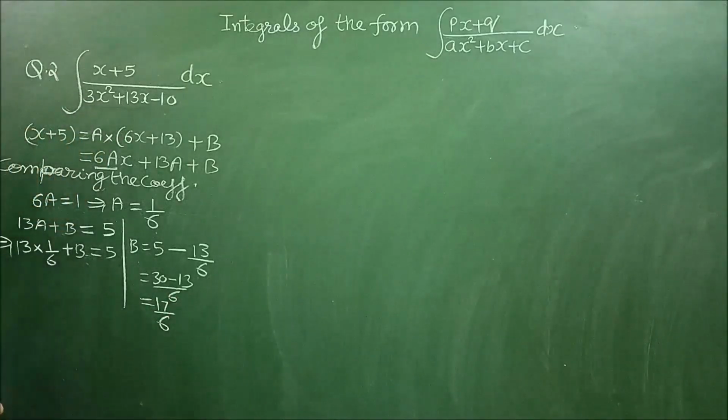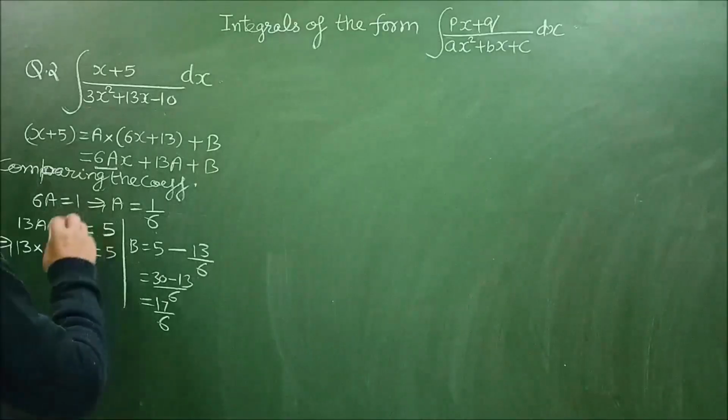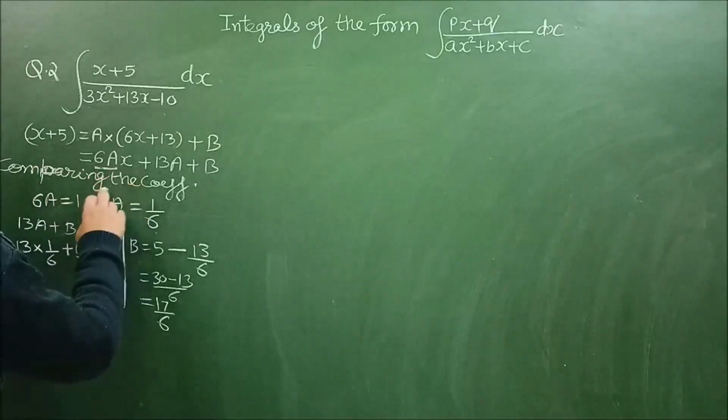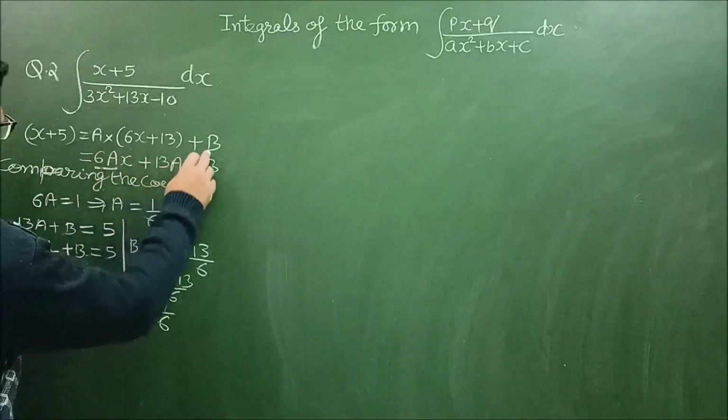Now we have got the values of a and b. Now putting these values here, replacing x + 5 by a into (6x + 13) plus b.